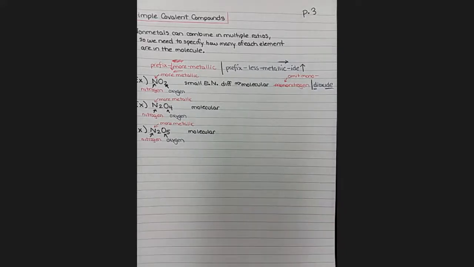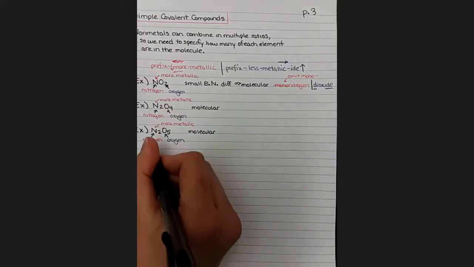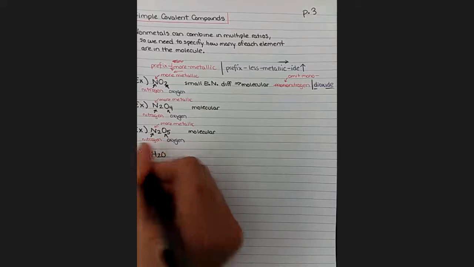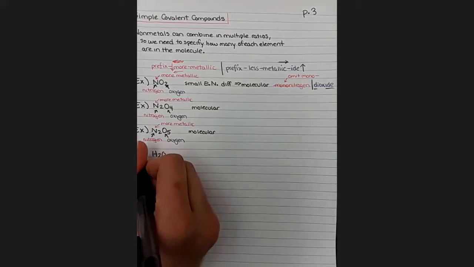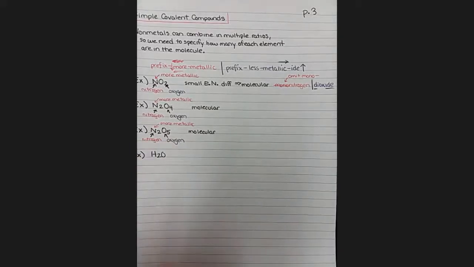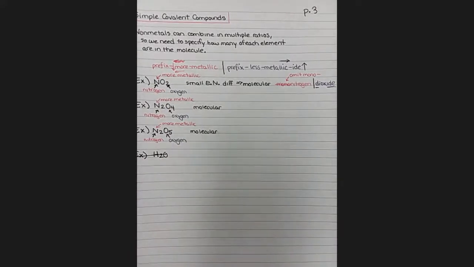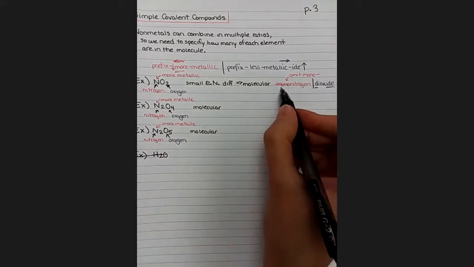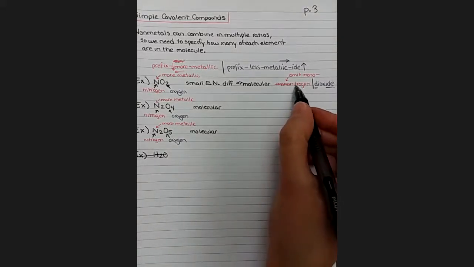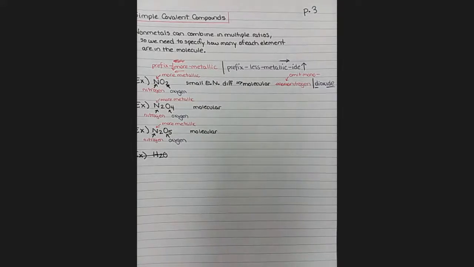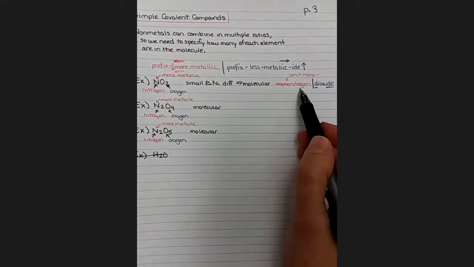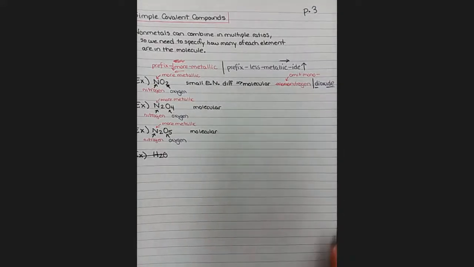You might have noticed this for compounds such as H2O, for example. You might have noticed that this one is called dihydrogen monoxide. Never mind, that's not a good example because there's 2 at the beginning. Ignore me. When the first, more metallic element only has 1, we omit the prefix mono. So we just write nitrogen dioxide.